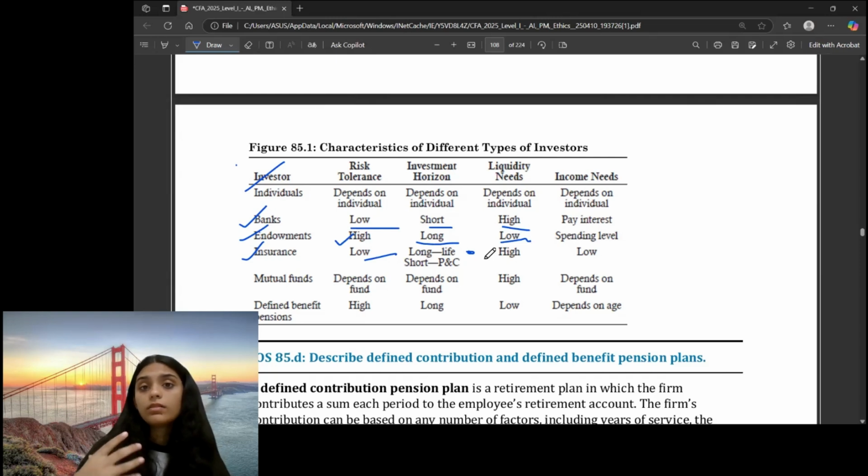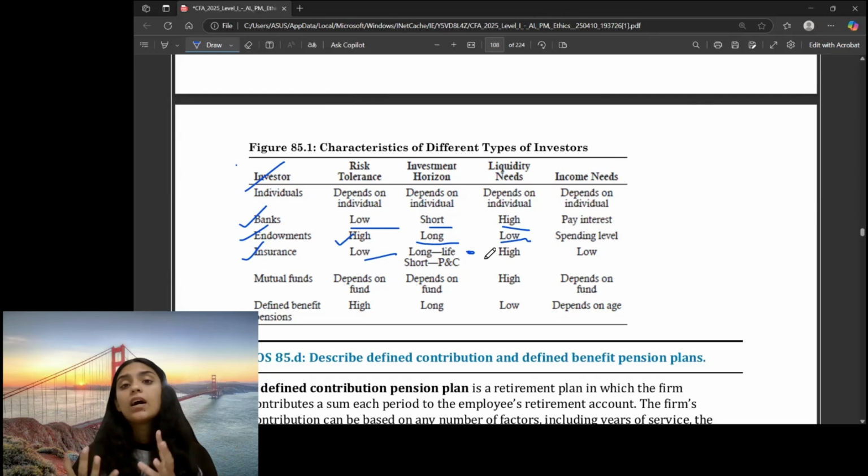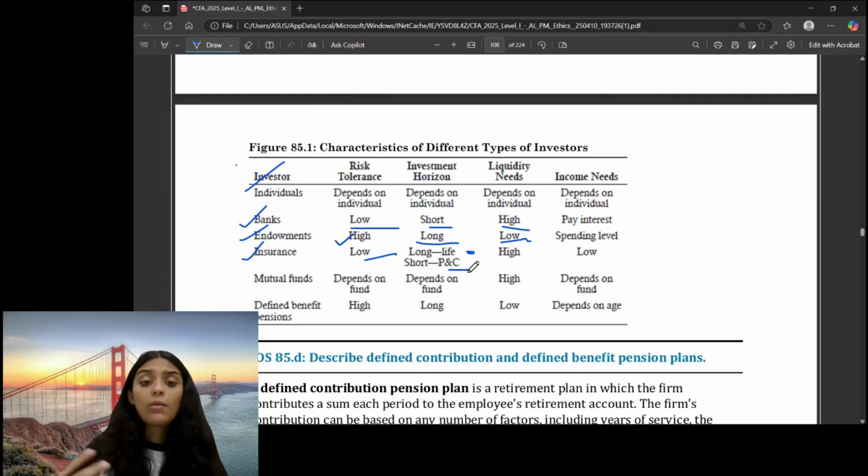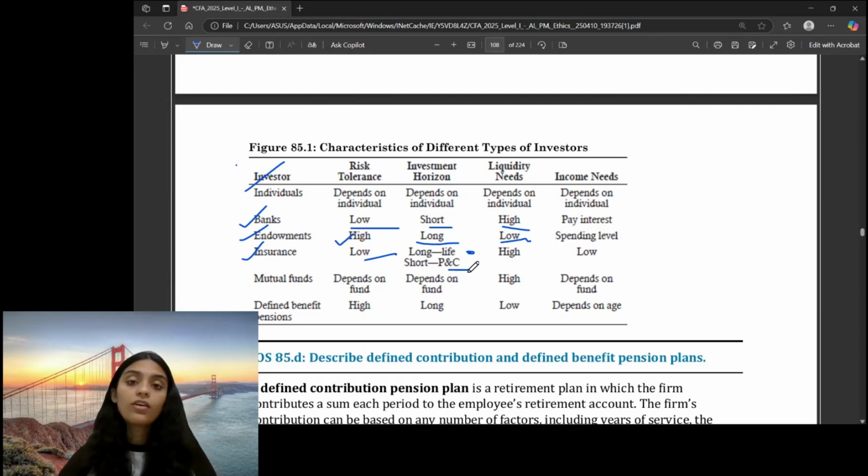because for life insurance, the event happening to someone is very rare. And for P&C, which means property and casualty, the investment horizon is quite short, because a casualty happening to a property is more frequent.